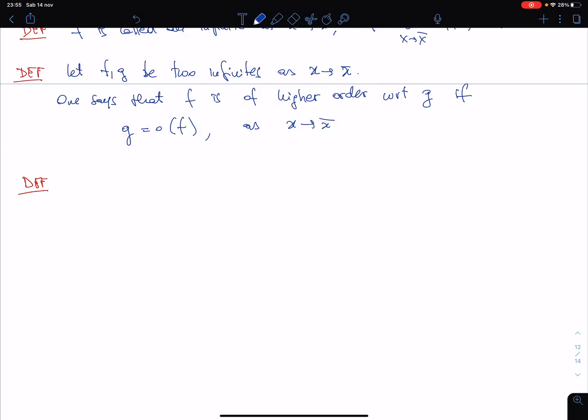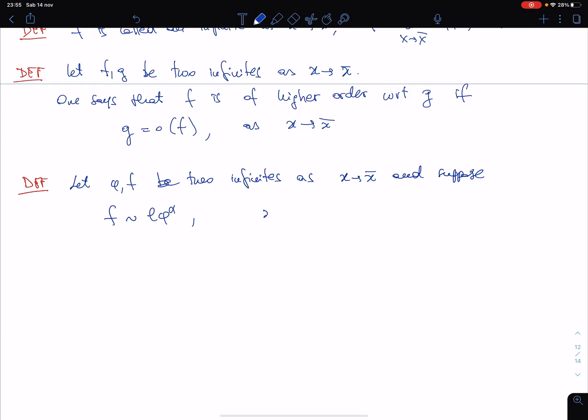Let f and phi be two infinites as x goes to x bar, and suppose that f is equivalent to L phi to the power alpha as x goes to x bar, of course, with L different from 0 and alpha larger than 0.